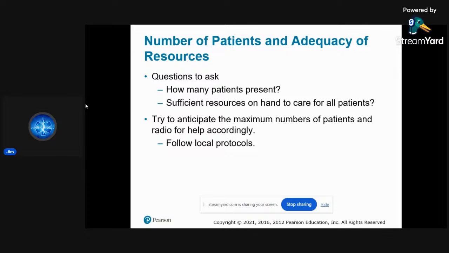We need to find out how many patients we're going to have and if we're going to need more resources, right? So how many patients are present? Do we have enough providers to take care of these patients? And not only that, do we need specialty resources like a helicopter, hazmat team, or fire department? And you're going to follow your local protocol.